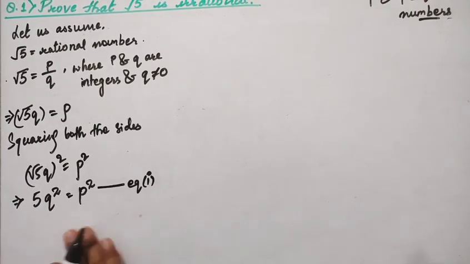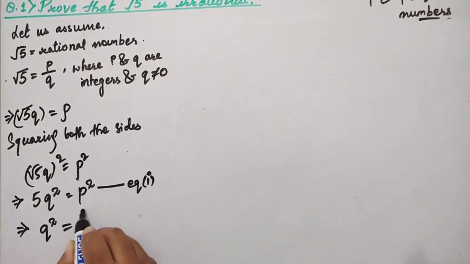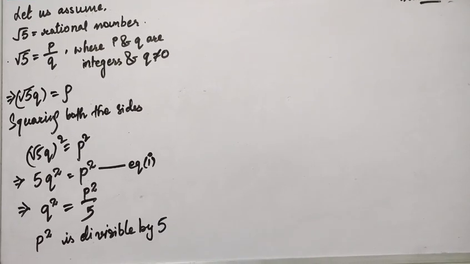This will be required later on. Next step would be, let us take 5 to the denominator of the right hand side. Here in this equation we can see that p square is divisible by 5.